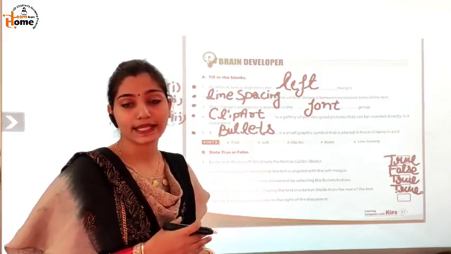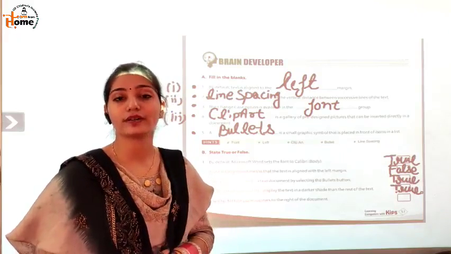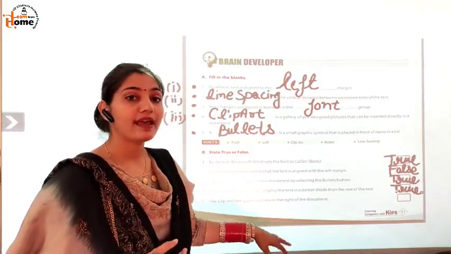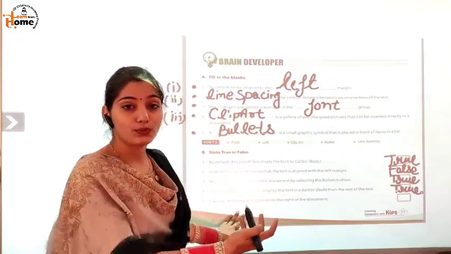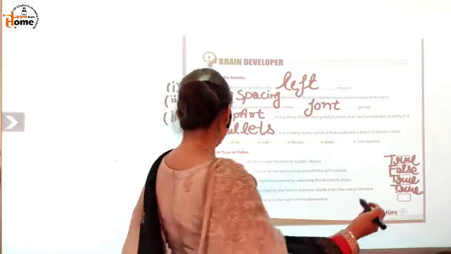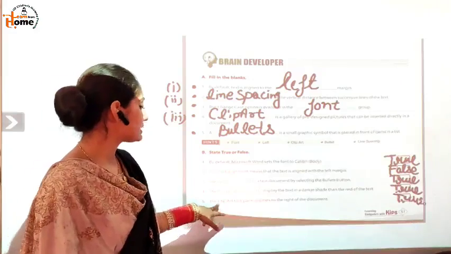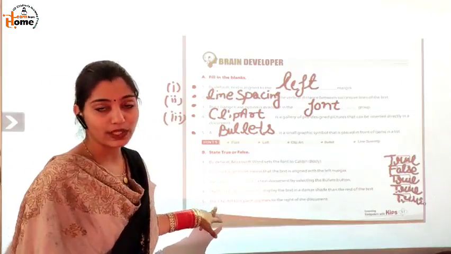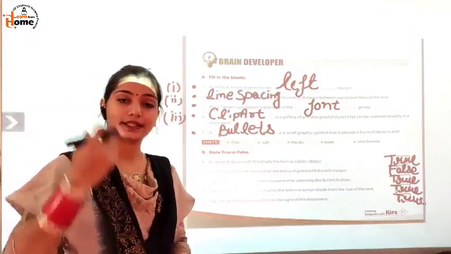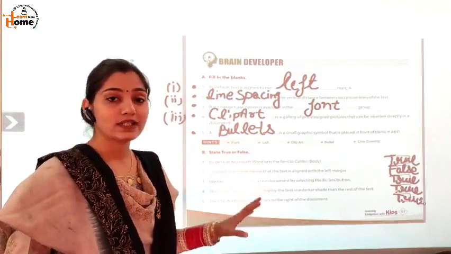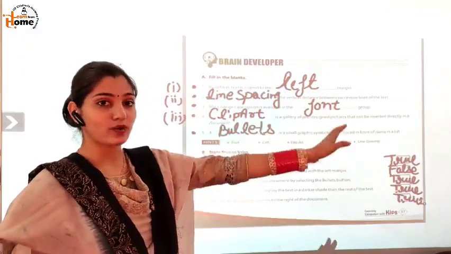From there you can select the clipart and insert it in your text, right? And this pane appears in the right side of the document. Okay, so this is true. You can even see this practically. Okay, you can insert a clipart in your document and see where the clipart task pane appears. It appears in the right side of the document.